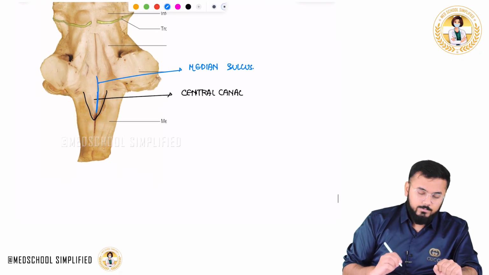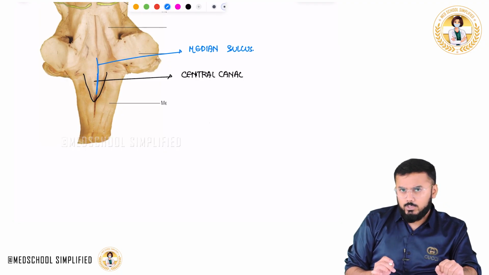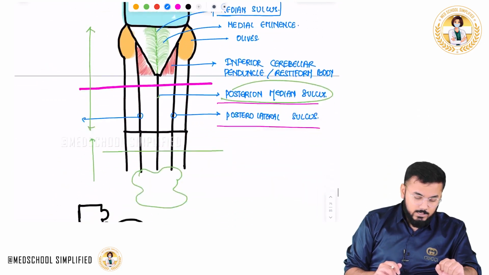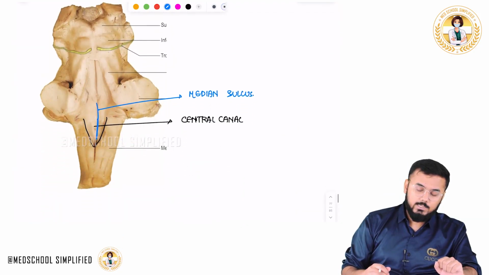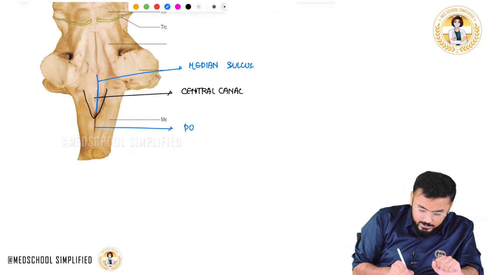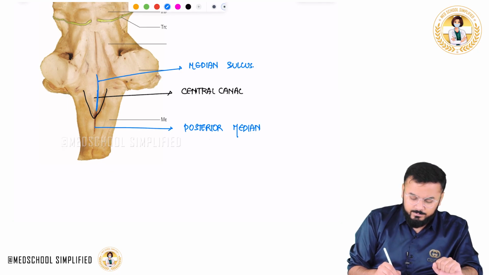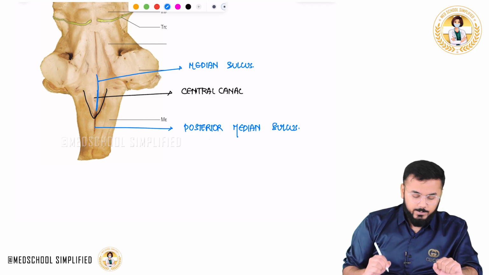Median sulcus. Okay. Now after that, if you very closely observe, you can see two important structures over here: posterolateral sulcus and posterior median sulcus, right? So this sulcus which you can see like this is called as posterior median sulcus.